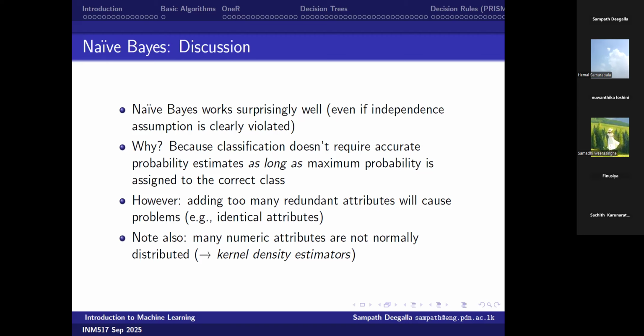To explain this, I'm going to use the weather dataset. I hope you remember the weather dataset, or let's start by sharing the weather data from the beginning, because this is what we need in order to understand naive-Bayes.